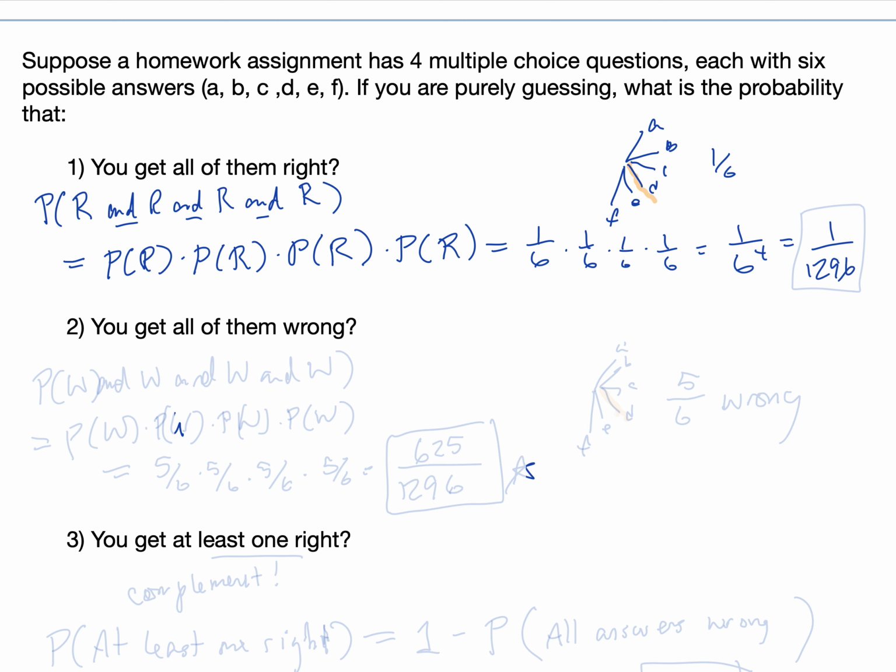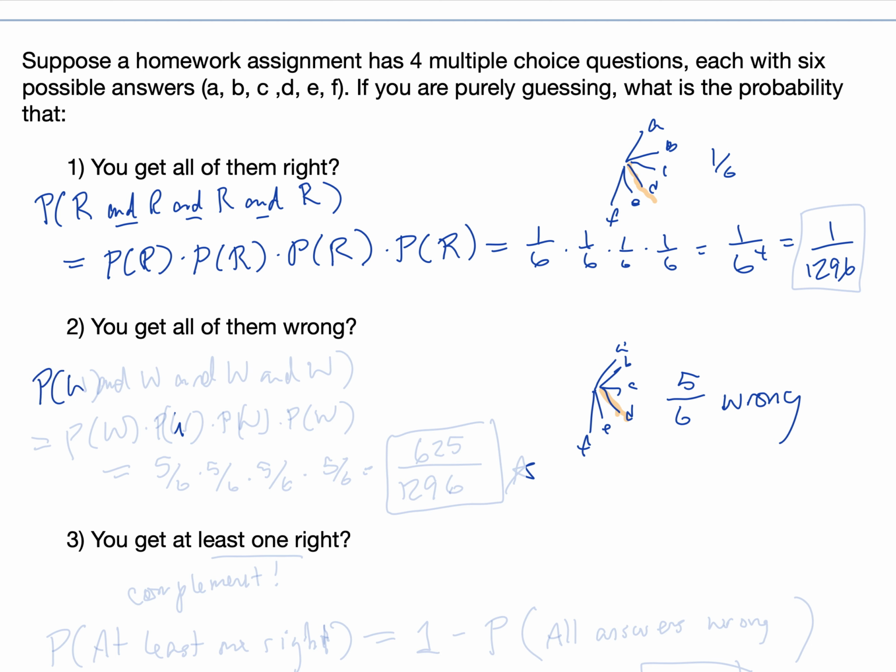What's the probability that we get them all wrong? So again, if we're thinking about just one of these problems, A, B, C, D, E, and F, and we're saying that D is correct, then 5 out of 6 of those possible answers are incorrect. 5 out of 6 are wrong, right? So what's the probability that we get all of them wrong? We'll use the same idea here.